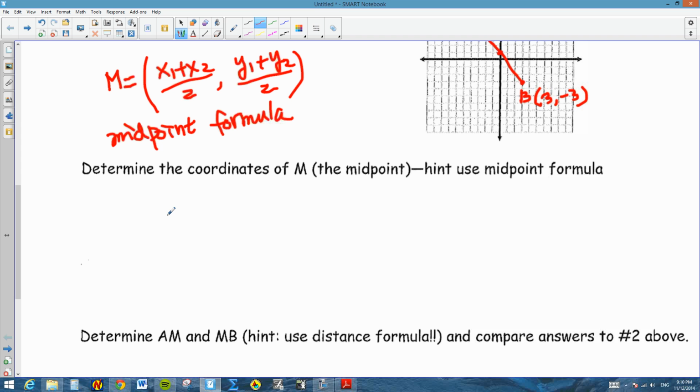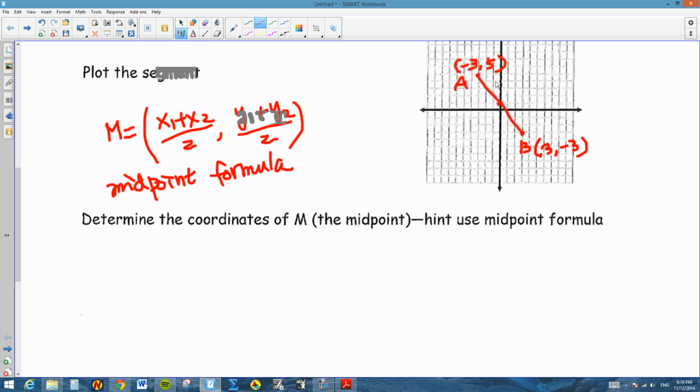So we use the formula and just plug in these two points. A is x1, y1 and B is x2, y2.